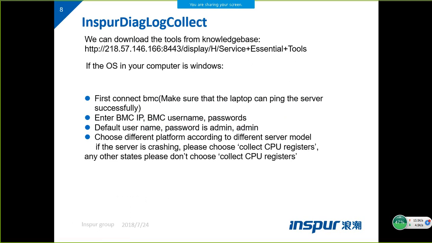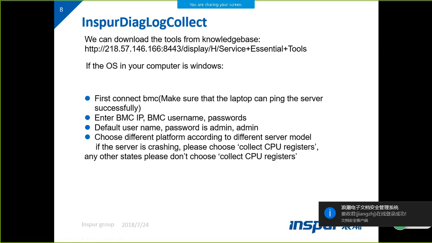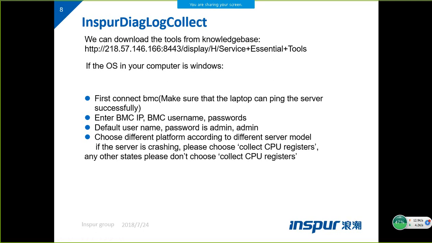If the operating system on your computer is Windows, first connect the BMC between your laptop and the server. You can use the dedicated or sharing network interface with a network cable, and enter the BMC IP, username and password, and you can log in.